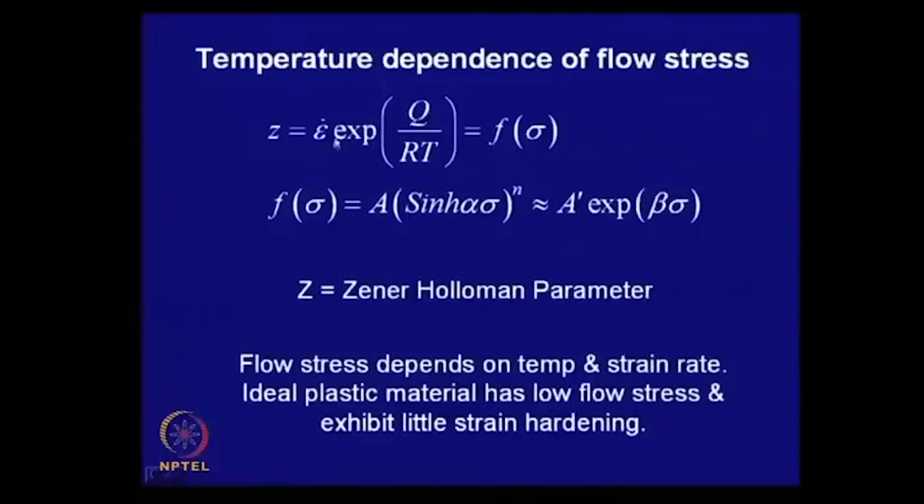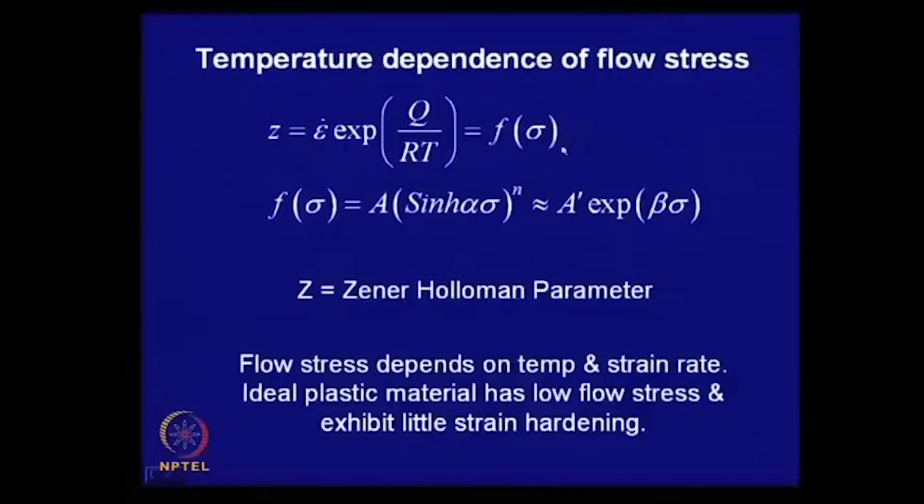Now, hot working depends not only on the stress that you apply and the temperature at which you apply the stress, but also on the rate at which the load is applied, or the rate at which the material is deforming. Epsilon dot is that strain rate, and in the initial few slides we showed the expression for the strain rate for different types of metal working processes like rolling and forging.